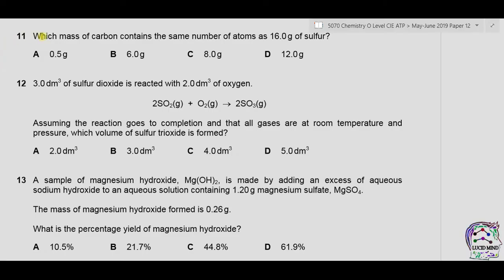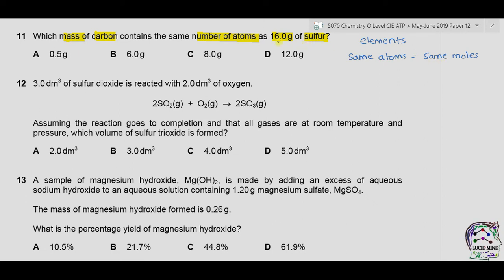Question 11. Which mass of carbon contains the same number of atoms as 16 grams of sulfur? As both carbon and sulfur are elements, so for elements we can say that same atoms means same number of moles.